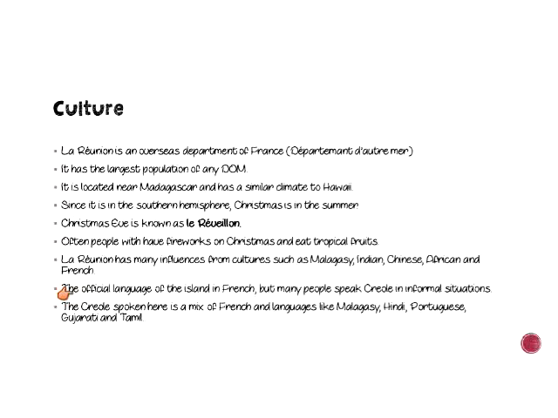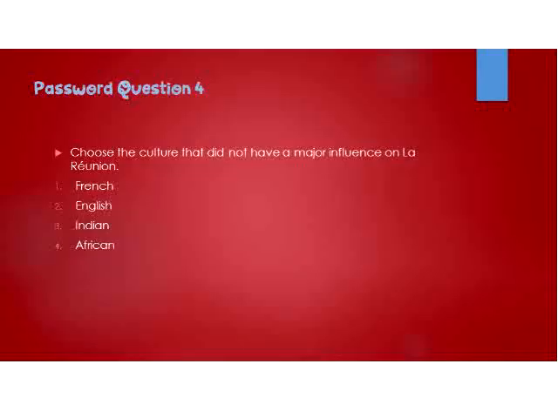Like I said, the official language is French, but people speak Creole in informal situations, and the Creole spoken here is a mixture of French and languages such as Malagasy, Hindi, Portuguese, Gujarati, and Tamil. So Creole is a mixture of languages, and the one in La Réunion is a mixture of these languages. So choose the culture that did not have a major influence on La Réunion.